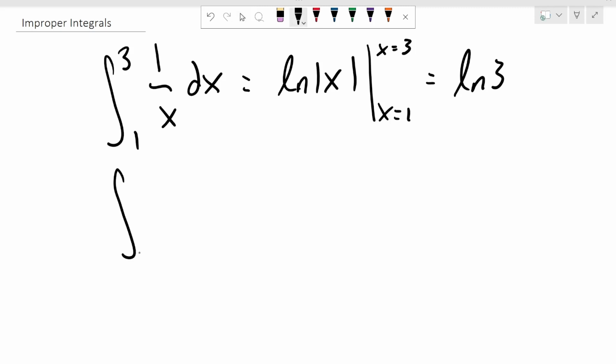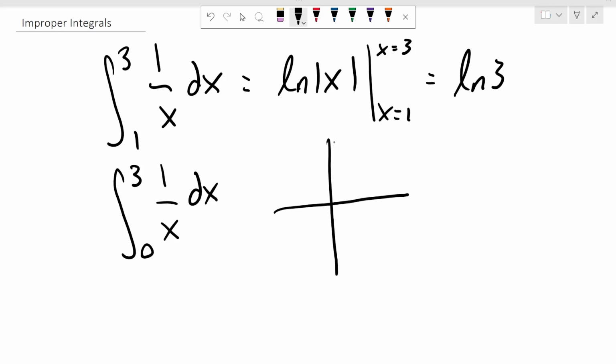Now, we've avoided things like the integral from 0 to 3 of 1 over x dx. So think about what this would be. If we just think about this on a picture, why this is different. Let's say 3 is right here, it would be like the point 3, 1/3.